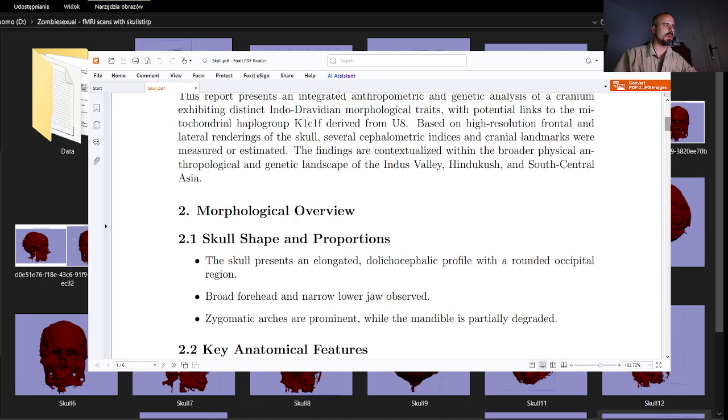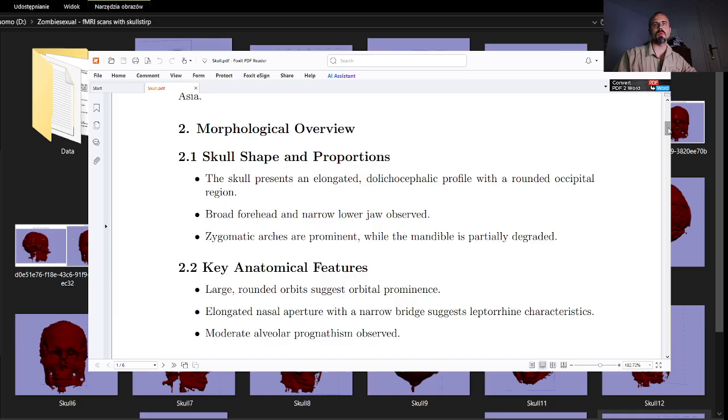So I also speculated that my matrilineal lineage, apart from Germany, Thessaly, Anatolia, comes all the way back from the U8 crossing the Hindu Kush and Indus Valley, and there were some genetic traces found of the K1C group in the Indus Valley, in the Harappa civilization. So I cross-checked it and tried to find the morphological overview.